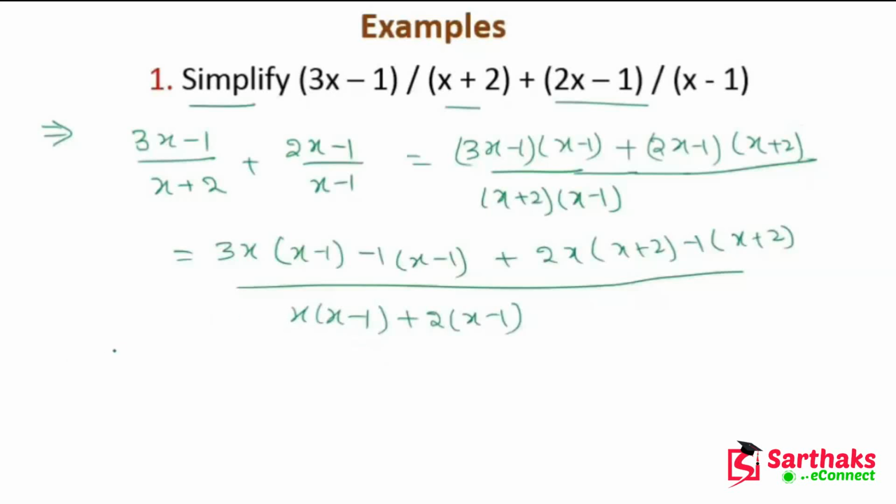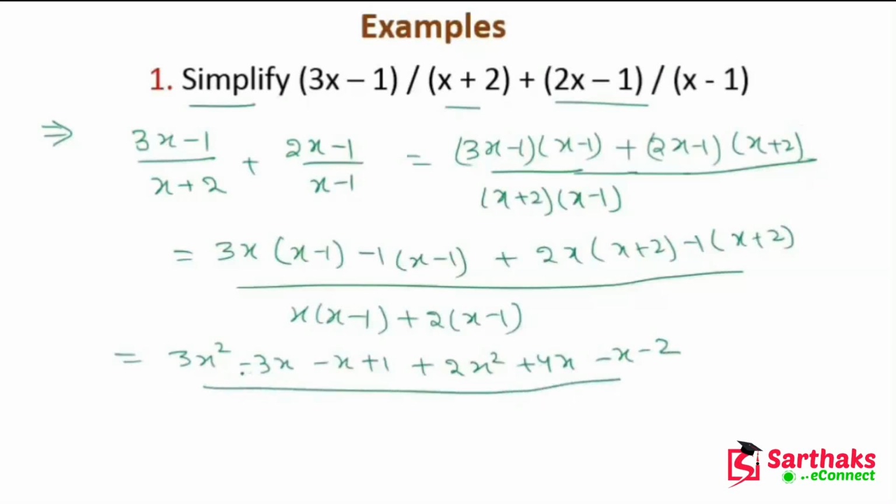So this becomes 3x square minus 3x minus x, and multiplying the minus sign into the bracket changes the signs, so plus 1. Here is plus 2x square plus 4x minus x minus 2, and in the denominator x square minus x plus 2x minus 2.